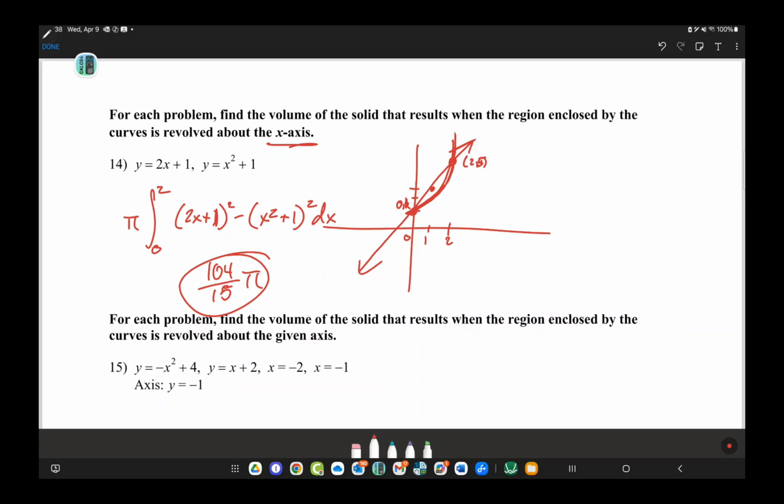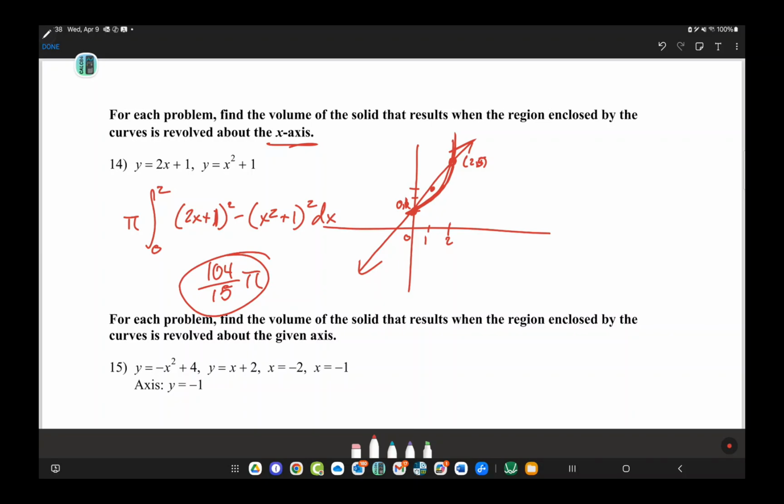You're to match the integral and the graph. So you have to pick out what's the correct integral and what's the correct graph. And after that, you have 1, 2, 3, 4 multiple choice questions, and 1 free response that has parts A through D.